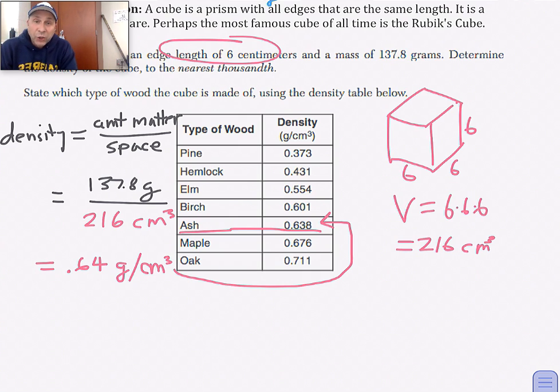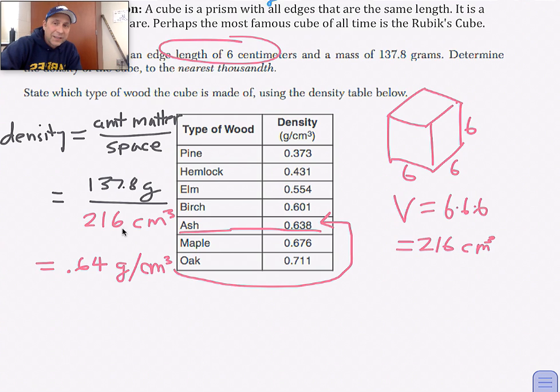So to determine the density, I need to know the grams per cubic centimeter. The cubic centimeter would be the volume, and a cube has got every side exactly the same. So 6 times 6 times 6 will be 216 cubic centimeters of wood, and they're telling me the weight already.